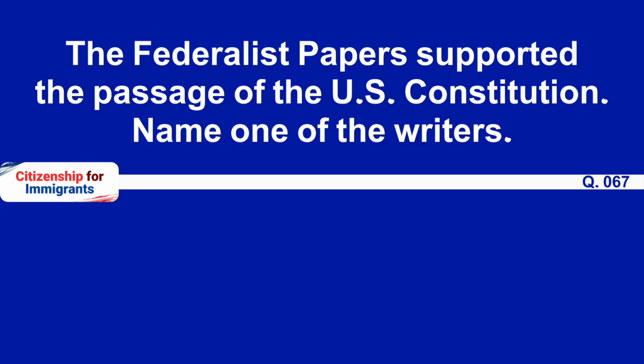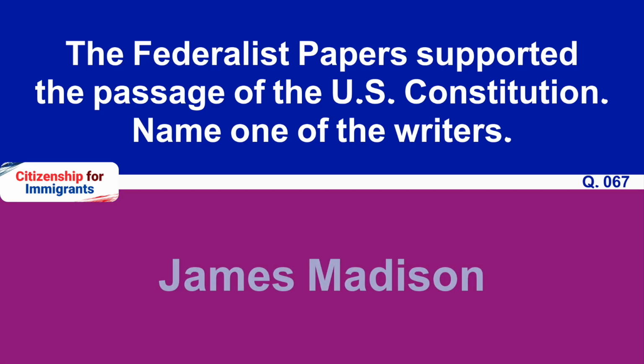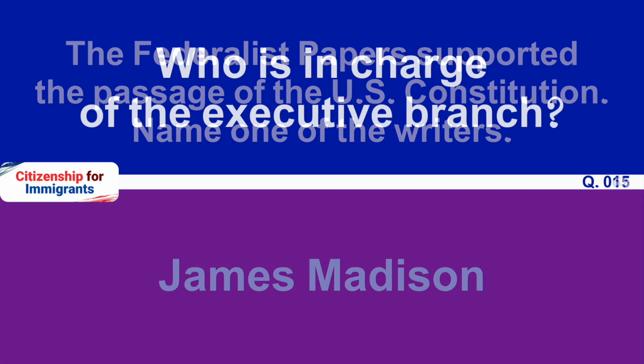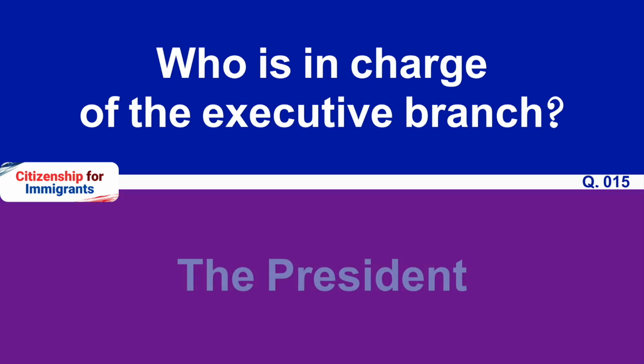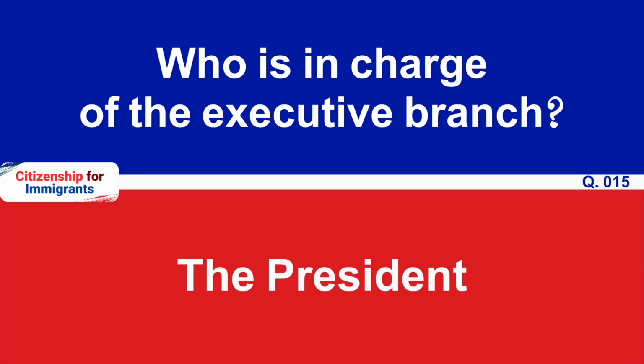The Federalist Papers supported the passage of the U.S. Constitution. Name one of the writers. James Madison. Who is in charge of the executive branch? The President.